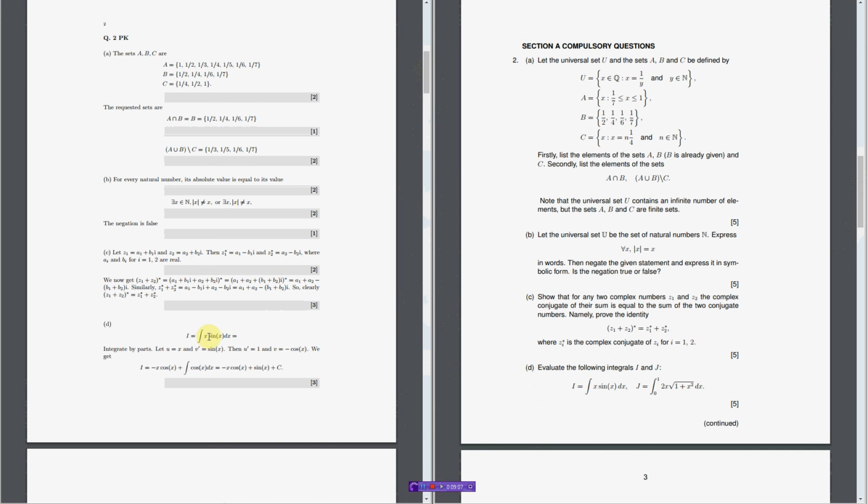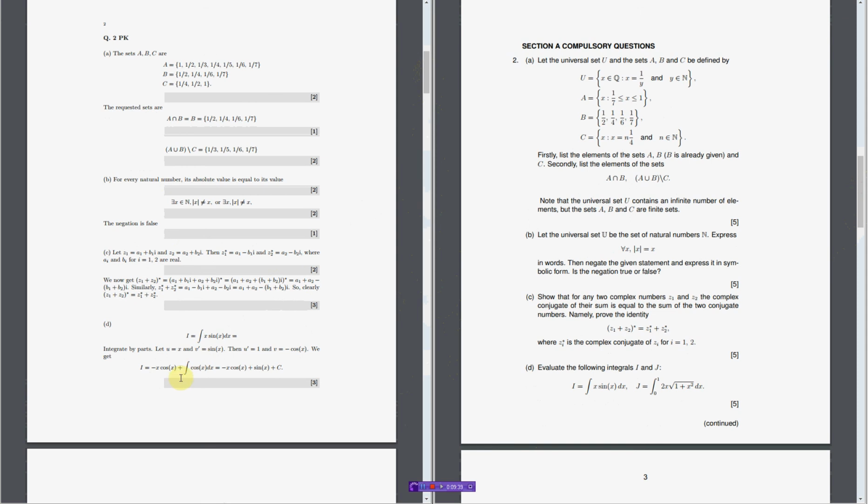So applying the integration by parts formula, this integral is going to be the product of u and v, which would be minus x cosine of x, minus the integral of the derivative of u times v. So this brings in two minus signs, so it converts to a plus sign, and this reduces then to the integral of cosine of x, since the derivative of u is a constant 1.